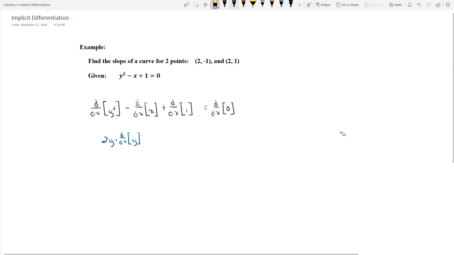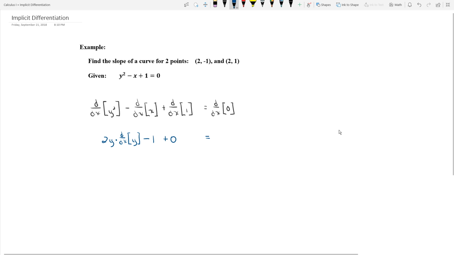So let's continue. And the rest of this is just going to be what we have been doing with derivatives. So it's going to be minus, and we're going to have x is just simply going to be 1, and we will have just 1 plus the derivative with respect to x of 1 is just going to be 0.